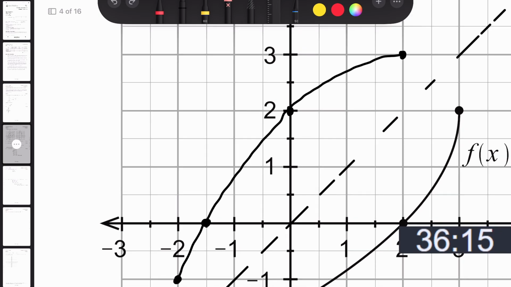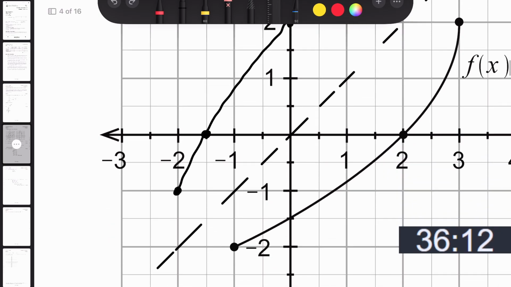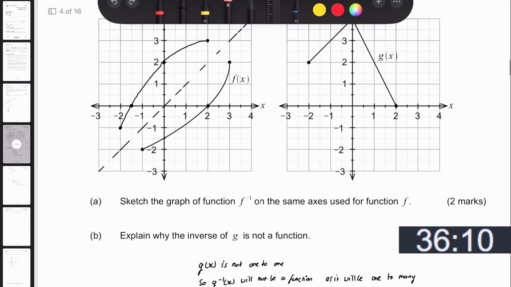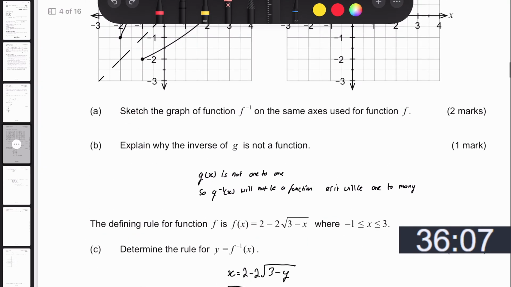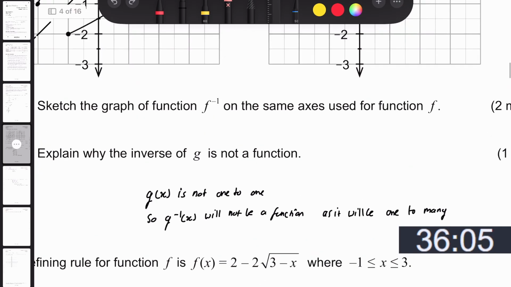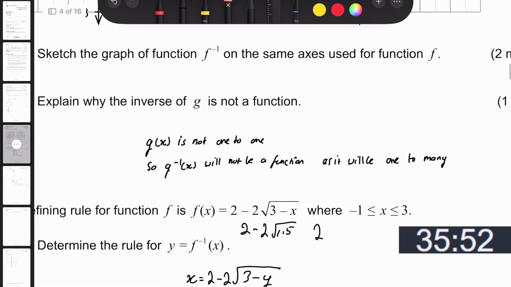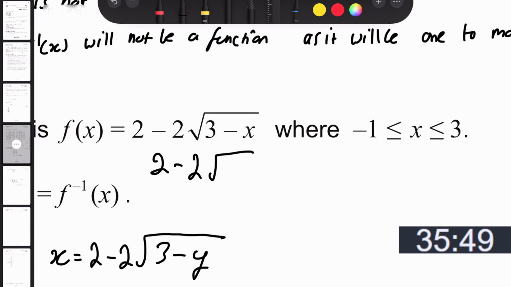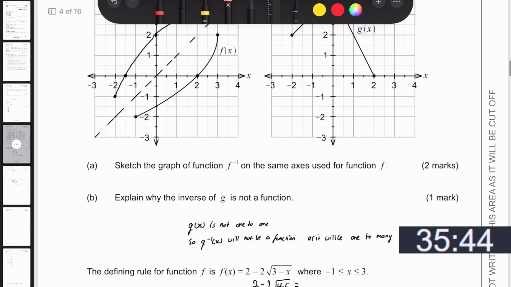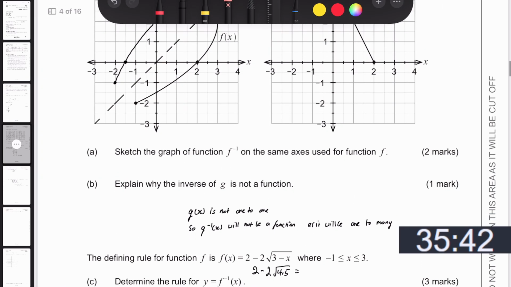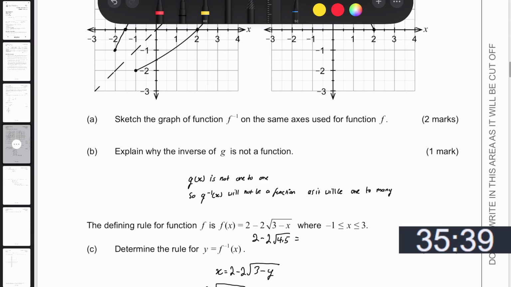Why can I not sub in this point here? Negative 1.5. 2 minus 2 squared root of 1.5. So 4.5 equals, I have no idea.